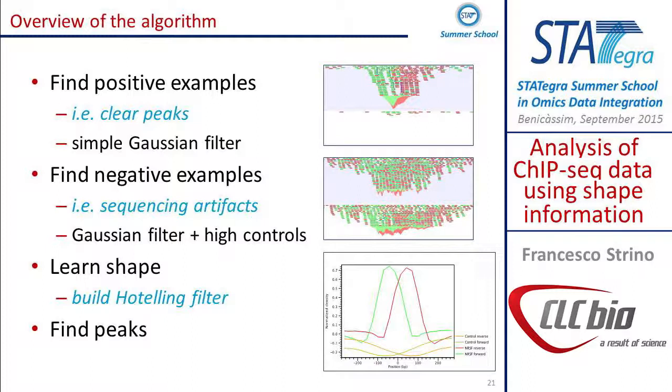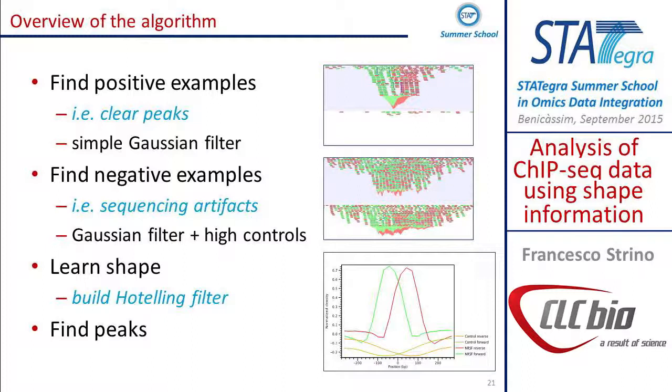And this looks like something that we don't want, even though you have a lot of reads. And also you can see here it's not that clear that you have this nice shape. And to find this one also, you just simply go through the genome and look for places that sort of look like a peak, but have extremely high reads in the control.